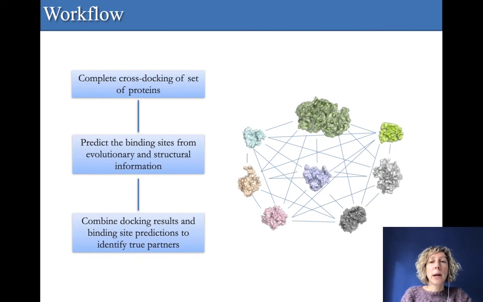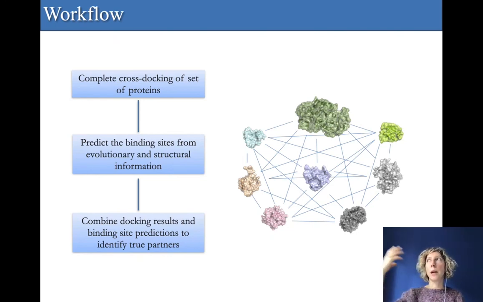So how do we do this? We generate docking conformations for all these possible pairs. Then we also use the docking energy to filter them and to rank them. And then we try to see whether we can identify the conformations that give you a good agreement with binding sites that we know or that we predict.